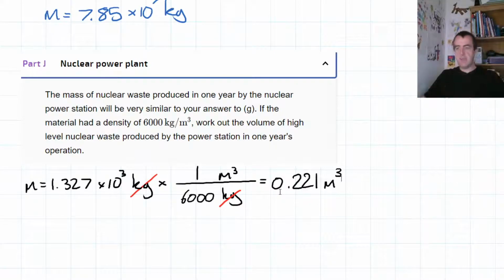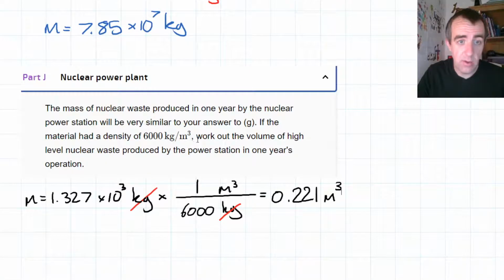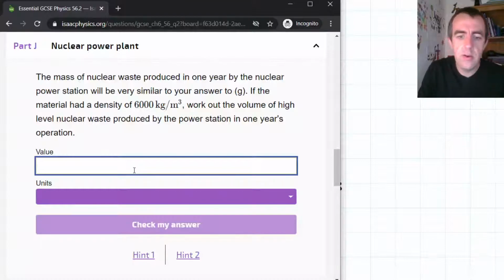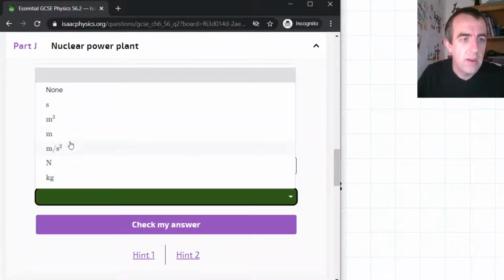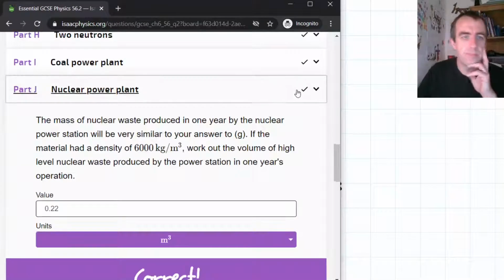Where I'm sitting, it's about the volume under my desk, and then somehow divide that into 5, and that sort of chunk is the waste every year. So that's not really a lot. So 0.22, I'll do it to 2 significant figures, cubic meters, correct.